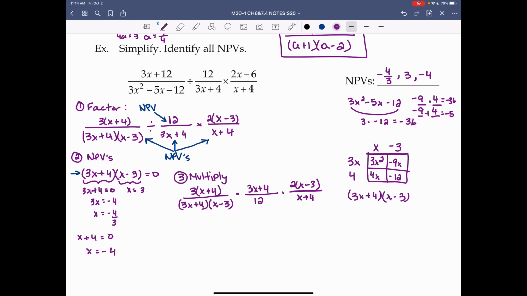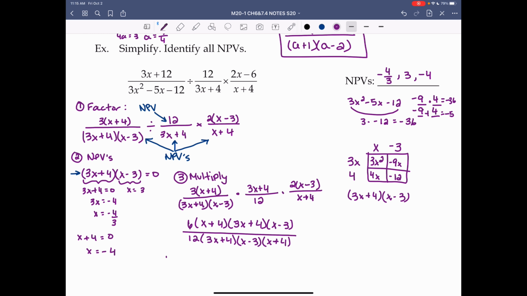Then we put it all into one fraction with our coefficients at the front. So we have 3 and 2. So 3 times 2 is 6. Then we have x plus 4, 3x plus 4, and x minus 3. And on the bottom, we've got a coefficient of 12, and then we've got 3x plus 4, x minus 3, and x plus 4.